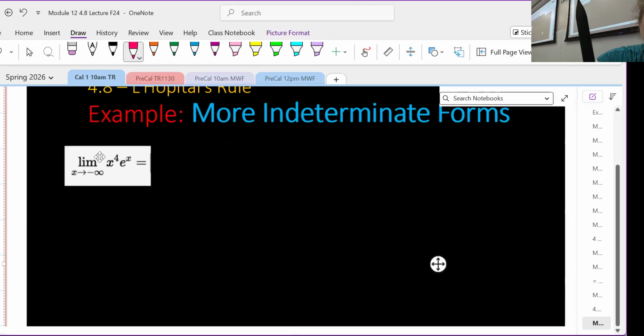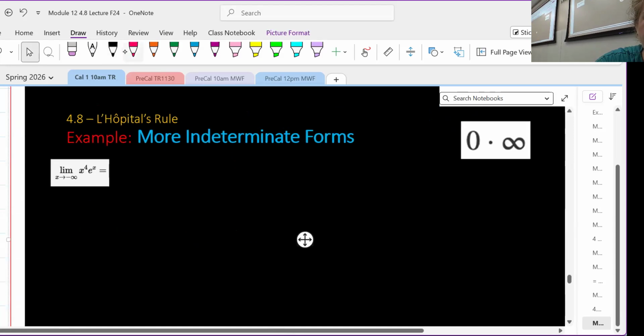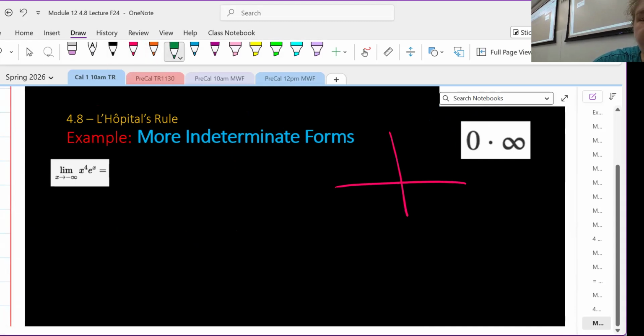All right, now our e to the x function is interesting. As x grows towards positive infinity, the graph shoots up to infinity. But on the left side, as x gets more and more negative, so as x approaches negative infinity, e to the x approaches 0.